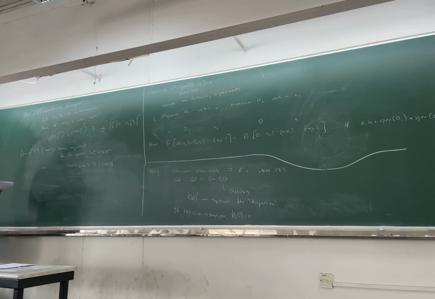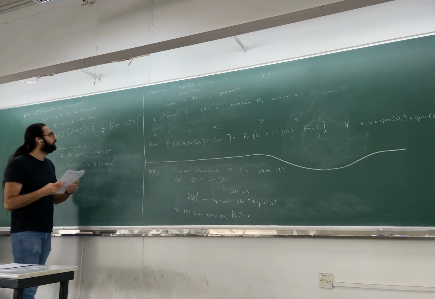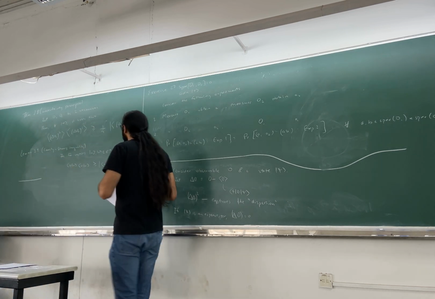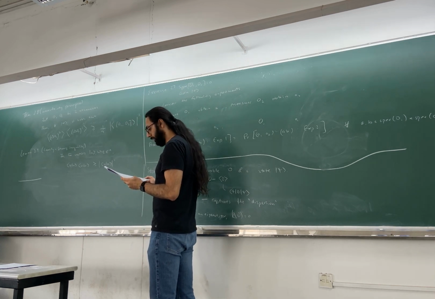It'll probably take us too long. So that was the uncertainty principle. It quantifies how much dispersion you would have in at least one of the variables.